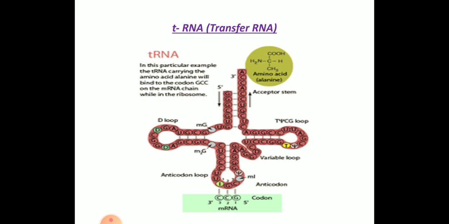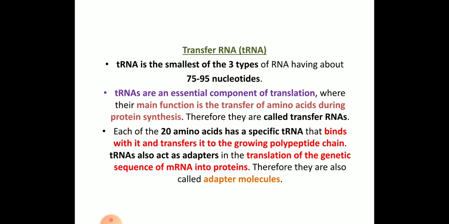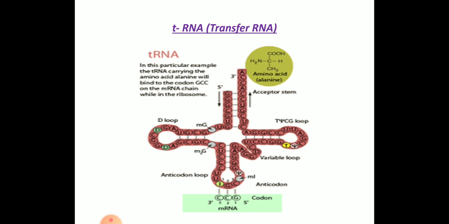This model was given by Robert Holley in 1965, and it resembles a trifoliate leaf. That is how the name clover leaf comes.